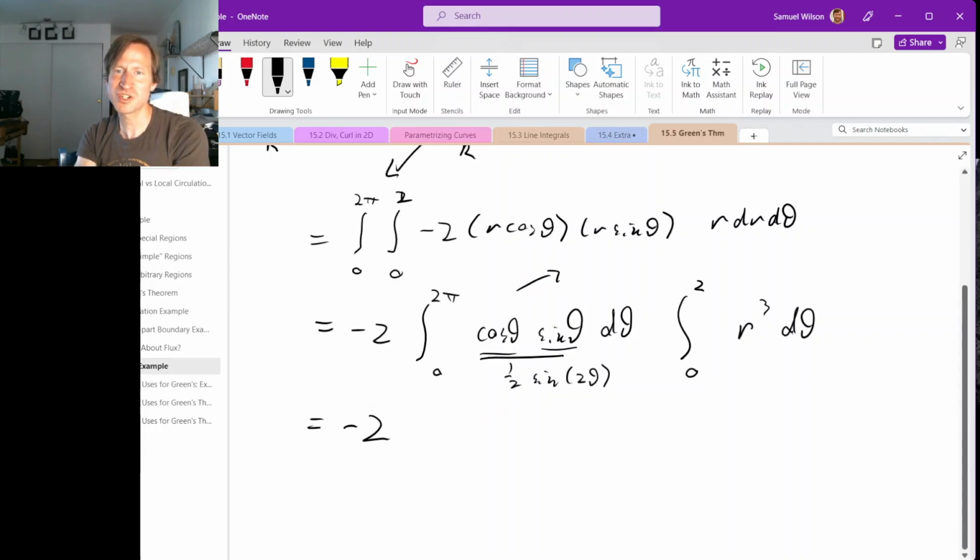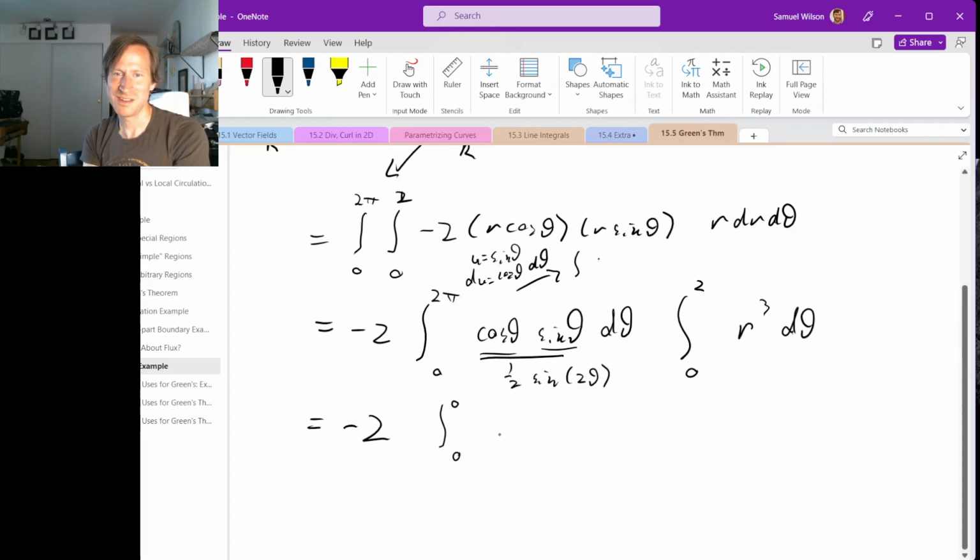So the u substitution is going to turn this into the integral of u du. I'm letting u be sine theta, so du is cosine theta d theta, and our bounds are going to be from 0 to 0, because when theta is 0, sine is 0, and when theta is 2 pi, sine is also 0.